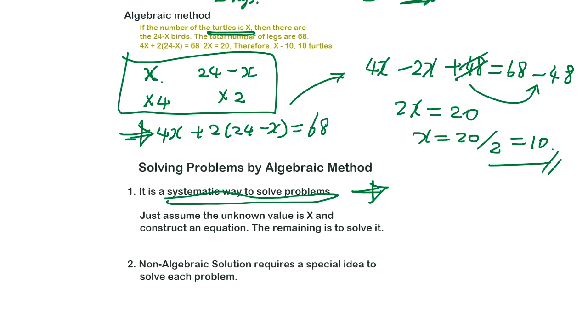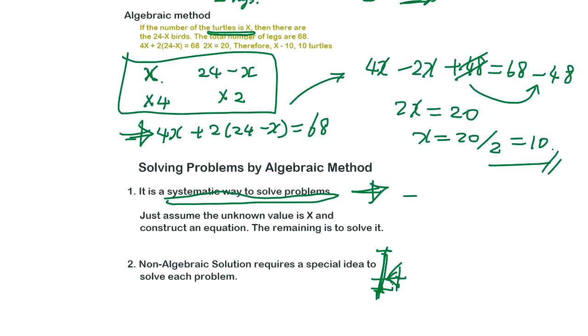You just calculate for x, then you get the answer. A non-algebraic solution requires a special idea to solve each problem. Each problem you need insight, inspiration. So that's the difference between the algebraic method and the non-algebraic method.